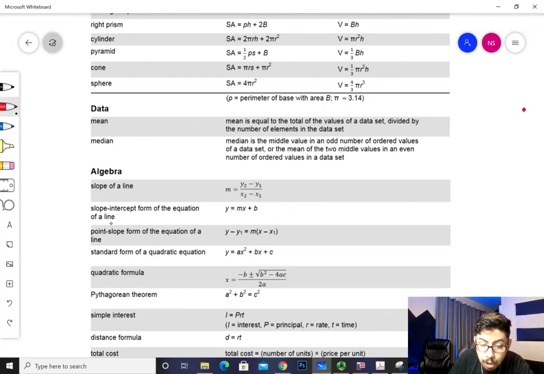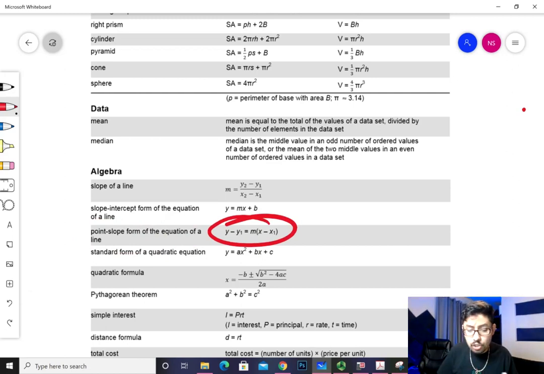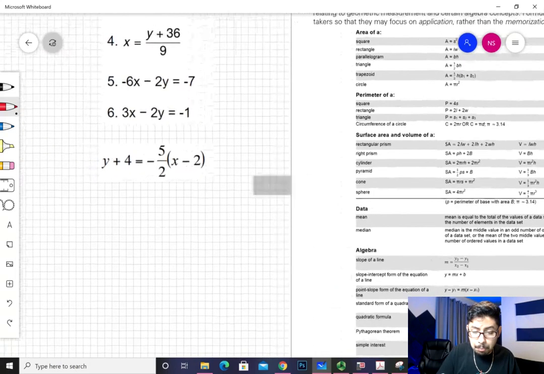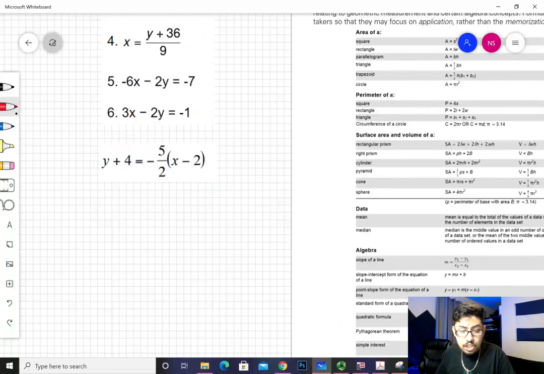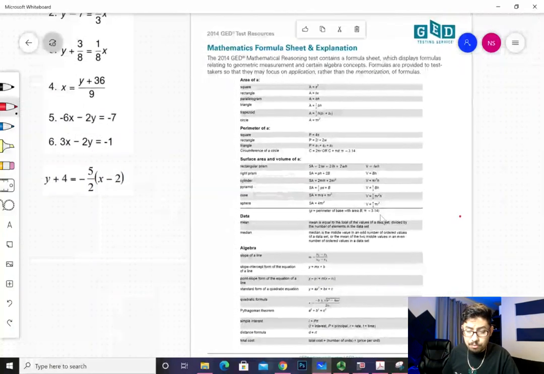But there is another form, the point slope form. Like I told you, there's multiple forms, and that one looks too ugly, right? So this is the point of the whole technique of me showing you. I do have an example here. Here's a point slope form. Whenever you're given point slope form, especially on the GED test, just don't deal with it.